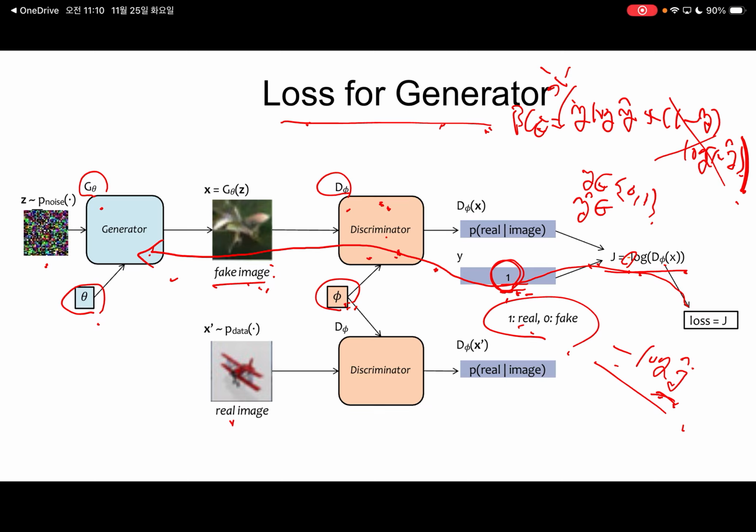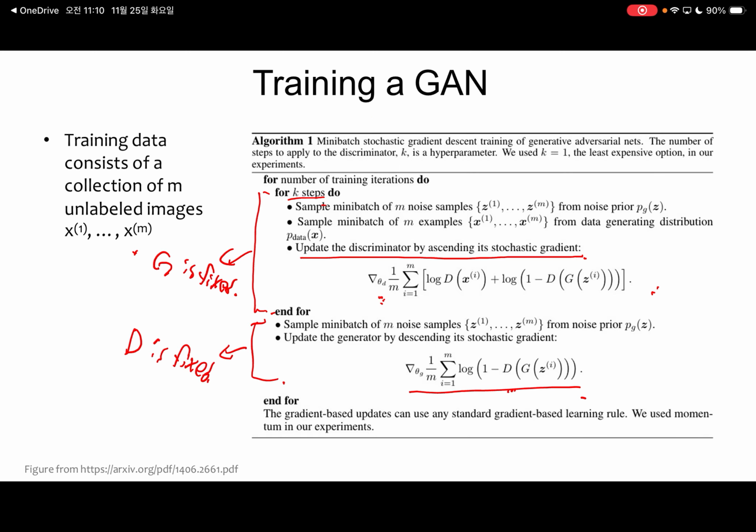If we applied this gradient to the discriminator, it would receive two opposite gradients, which doesn't make sense. So when training the generator, we fix the discriminator, and this gradient only affects the generator. That is happening here: D is fixed, and we only update the generator by this stochastic gradient descent.